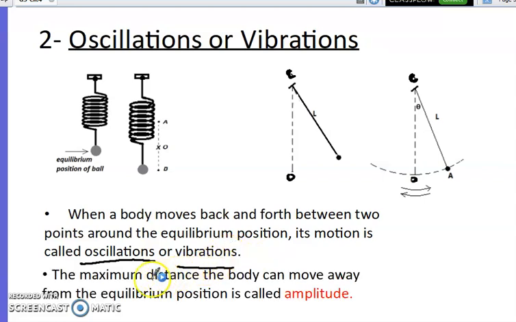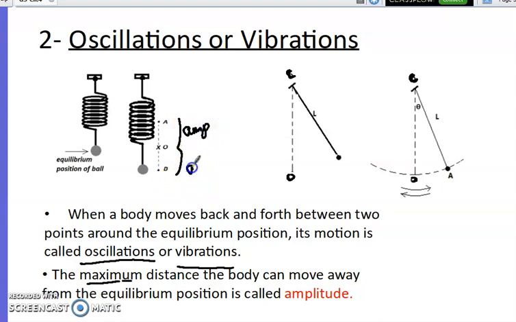Now, the maximum distance or maximum displacement the body can move away from the equilibrium position is called what? Amplitude. I mean, the distance from O to A or from O to B is called amplitude.